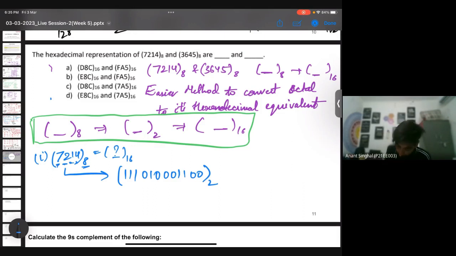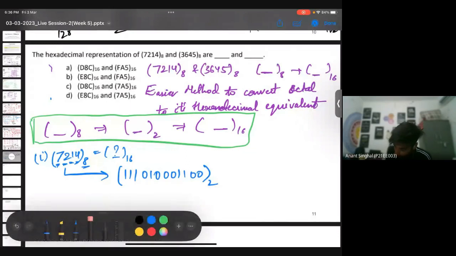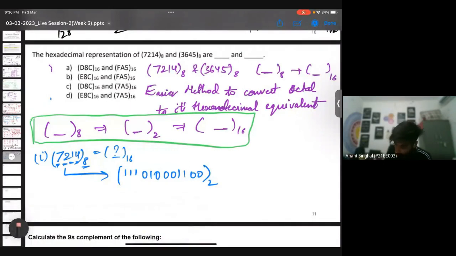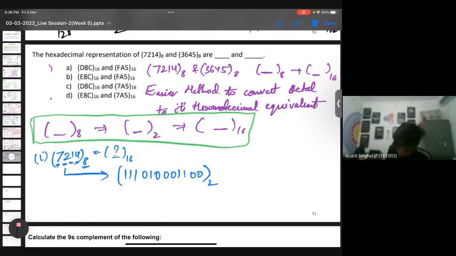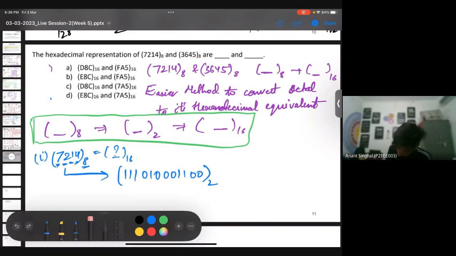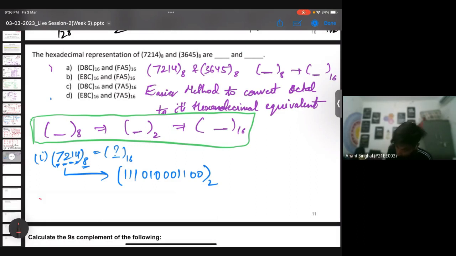This is the octal to binary conversion. We just need to write the binary equivalent of each digit given inside the octal in a group of 3. So here you can see this is a group of 3: this is 7, this is 2, this is 1, and this is 4.